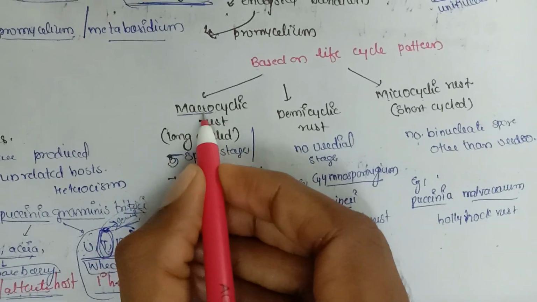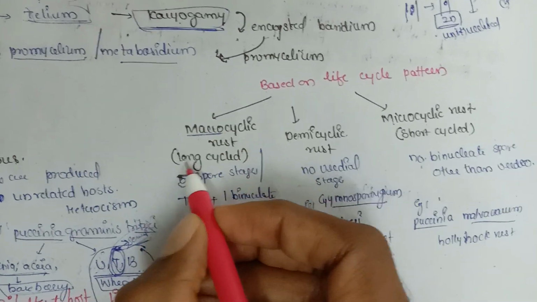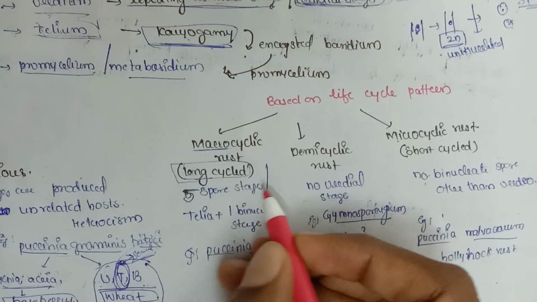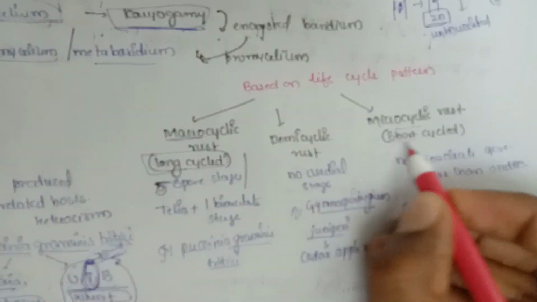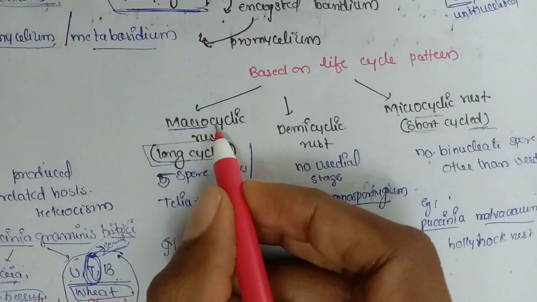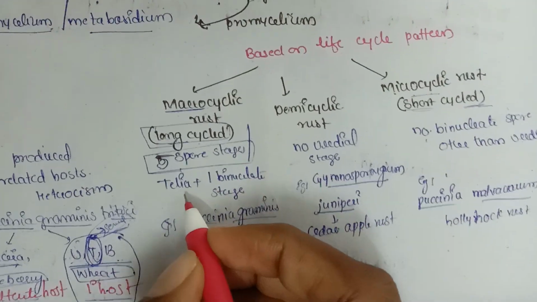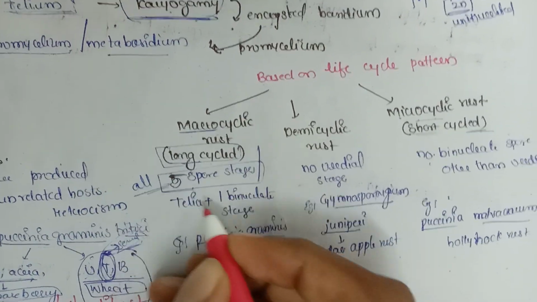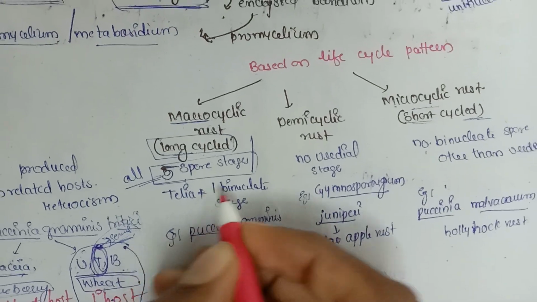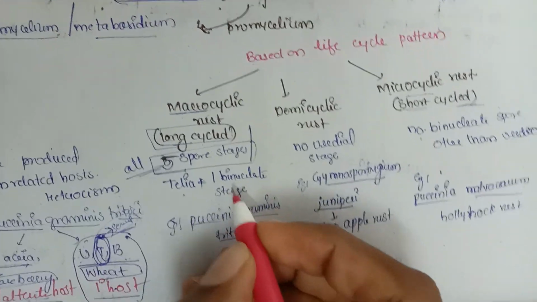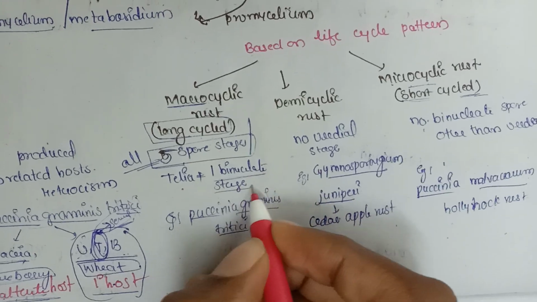Macrocyclic, macro means large, so it is a long cycle, and micro means short cycle rust. And macrocyclic rust has five spore stages, where all five spore stages are present, and it can also be defined as telia and any one other binucleate stage.